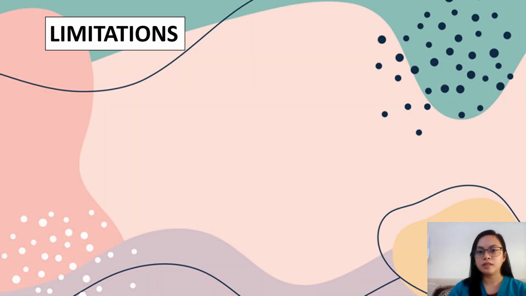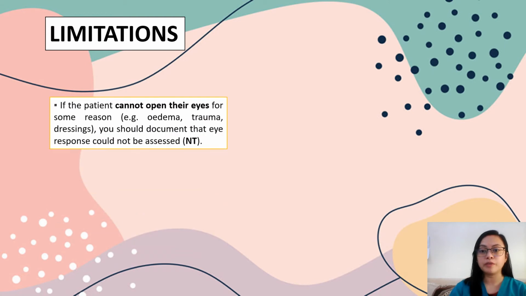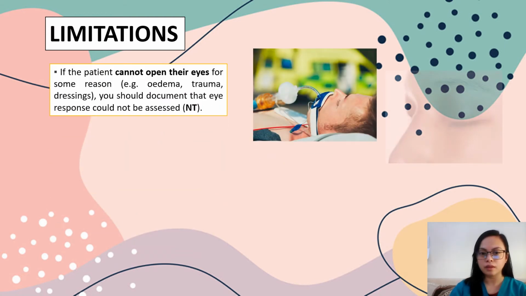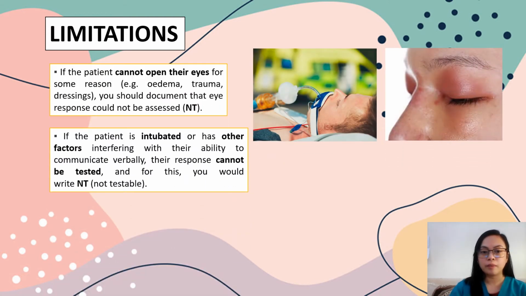There are important considerations and limitations in scoring for the GCS. For the eye response, if the patient cannot open their eyes, like there is edema or trauma, then you will place not testable. For the verbal response, if the patient is intubated, or there are other factors interfering with their ability to communicate, then you will place not testable.